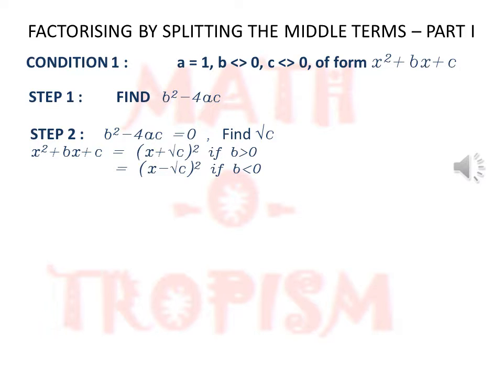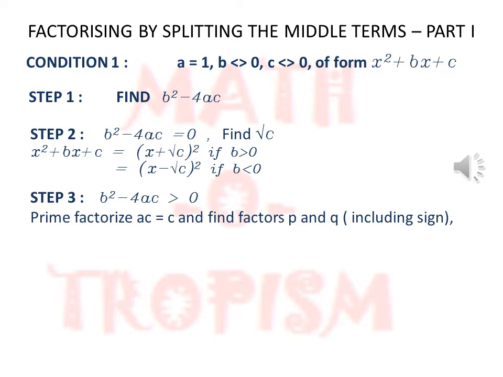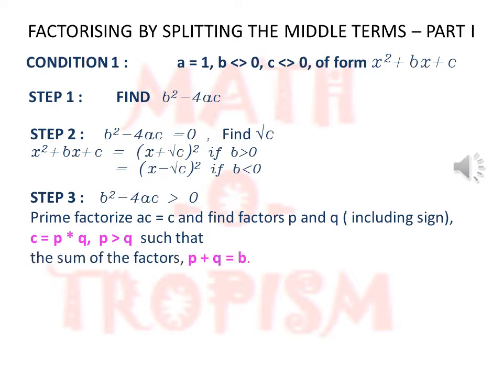That's it. If b square minus 4ac is greater than 0, then here a is going to be plus 1, so we will always take c and factorize c in such a way that there are two factors p and q, p being the bigger number, and adding both the factors should give me b.